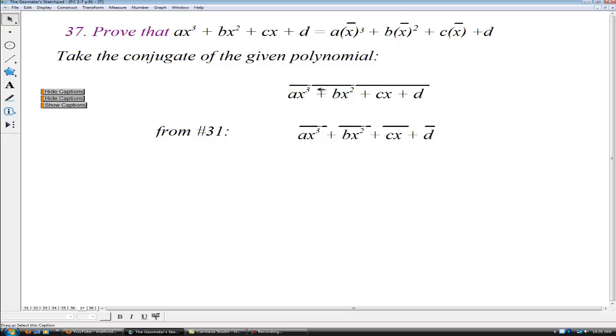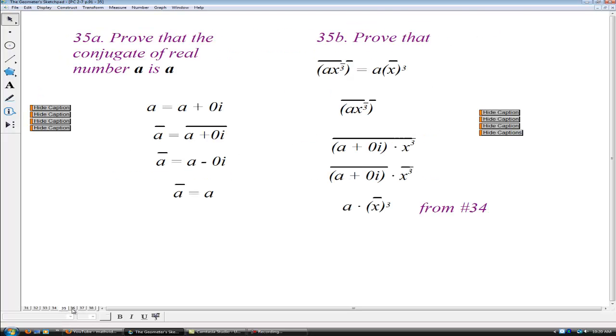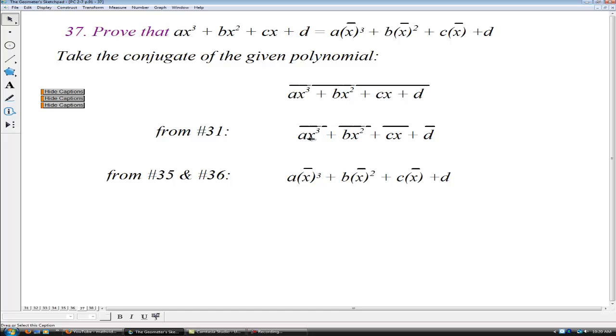The conjugate of a sum equals the sum of the conjugates. And from 35 and 36, the conjugate of ax cubed is a times the cube of the conjugate of x, likewise with the quadratic term and the linear term. And for our real constant, the conjugate of a real is the real.